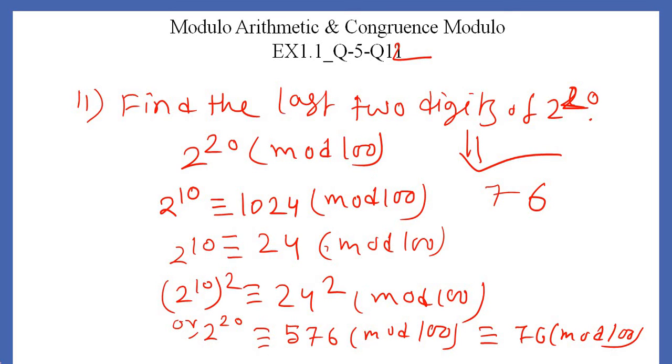Now the last question for today of exercise 1.1, that is question number 12, and it is a very conceptual question, and if you understand it, then it would be very easy for you.